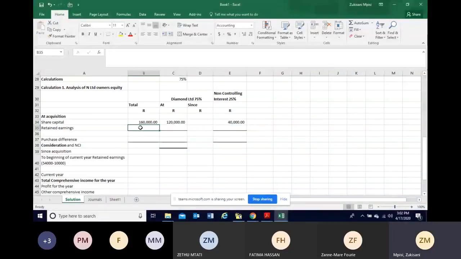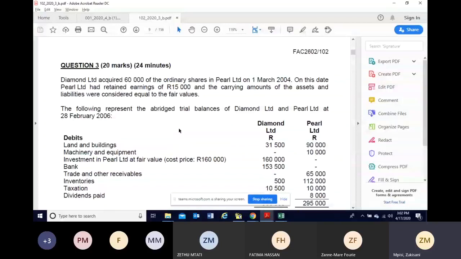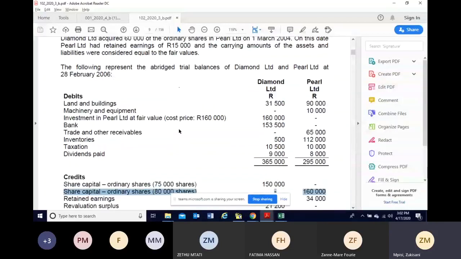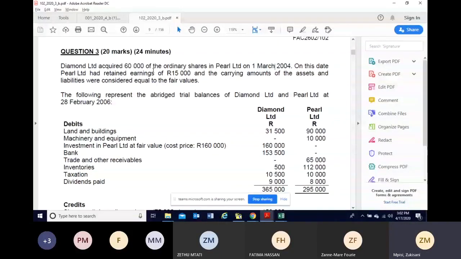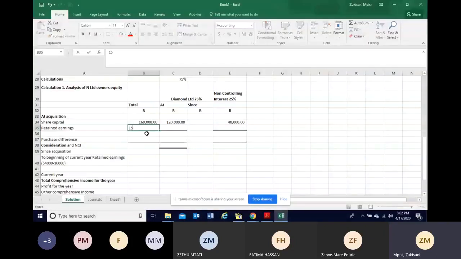And then your retained earnings. Here is retained earnings. I hope everyone can see. But on the information, we are told that on 1 March 2004, Pearl had retained earnings of 15,000. So at acquisition we had 15,000 retained earnings, which multiplied by 75% is 11,250. 15,000 multiplied by 25% is then 3,750.